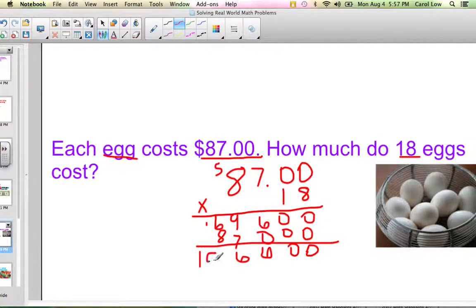And I have 2 numbers after the decimal, 1, 2. So 1, 2. And then I put a comma and a dollar sign. So 18 eggs would cost $1,566. Make sure you have the decimal point in the right place, and we have a comma, and we're good to go.